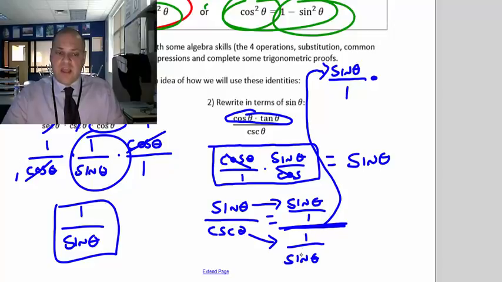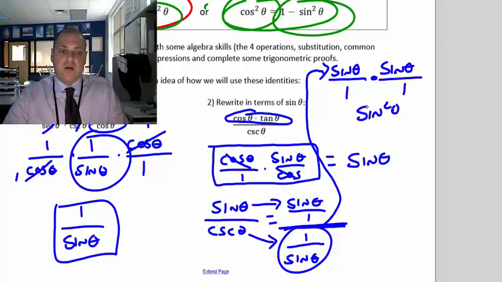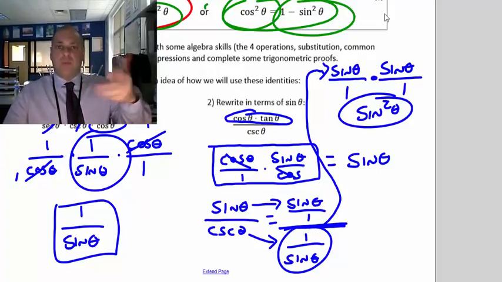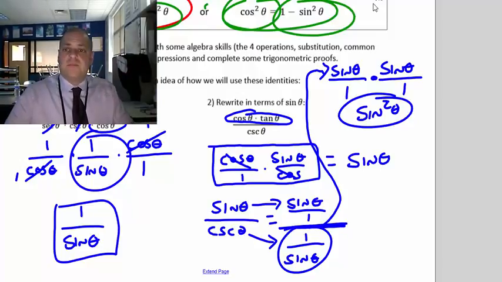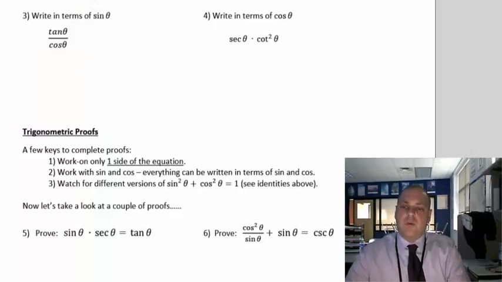We multiply, and then we flip this. So it becomes sine times sine, which is sine squared. And that is my final answer. Okay, so you have to do a little bit of algebra with your trig functions. So this one here, I'm going to rewrite. Tangent is going to be sine over cosine.